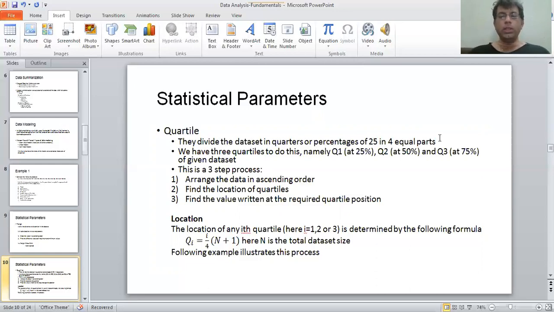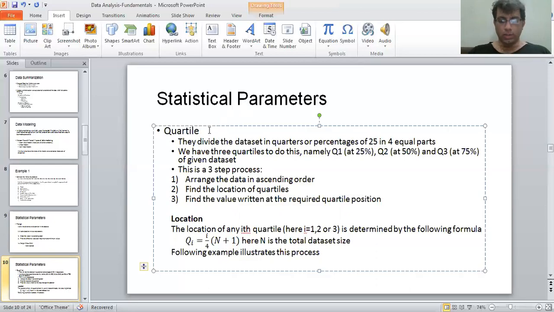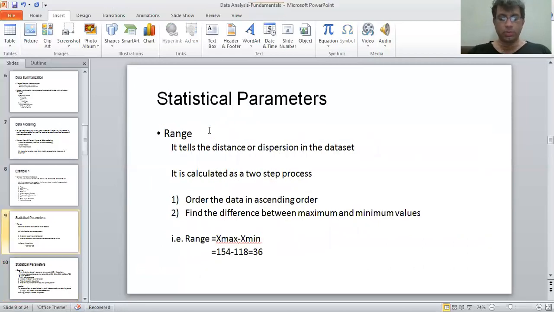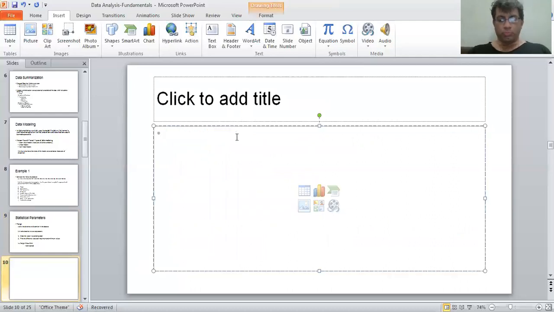So by quartiles, we mean dividing the data into four parts. Let me write it on a different slide: quartiles is from quarters, and by quarter we mean 4.